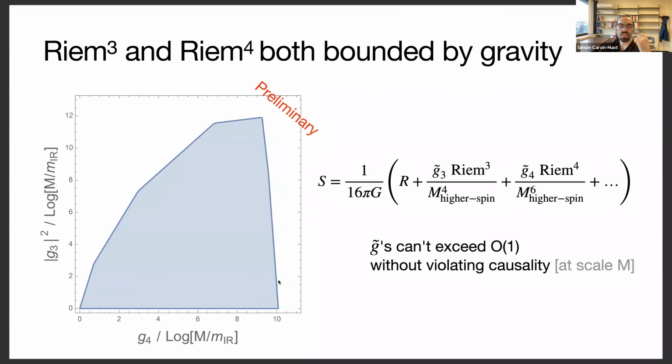But then this plot is basically telling you that you cannot have N bigger than M Planck squared over m squared. So the loop effects only show up on the same plot if there's a large number of them.